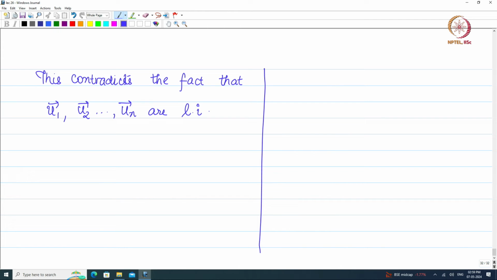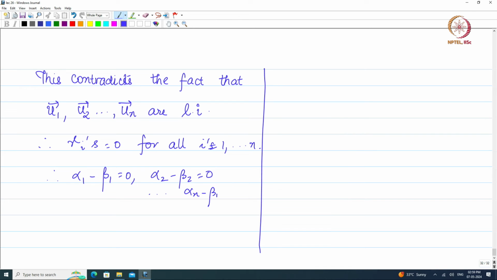Therefore, the only thing that is possible is that all coefficients gamma i must be 0 for all i from 1 to n. Therefore, alpha 1 minus beta 1 must be equal to 0, alpha 2 minus beta 2 is equal to 0, etc. alpha n minus beta n is equal to 0, which implies alpha i is equal to beta i for i from 1 to n.